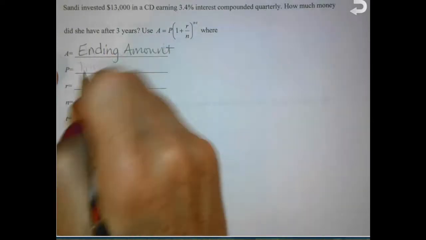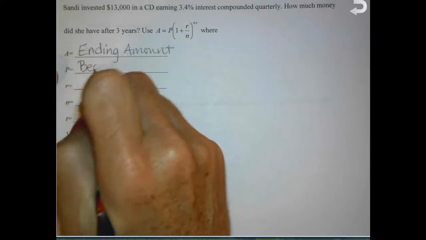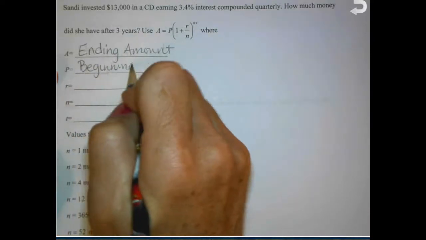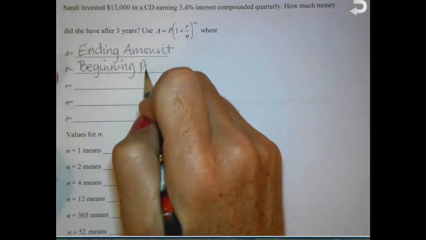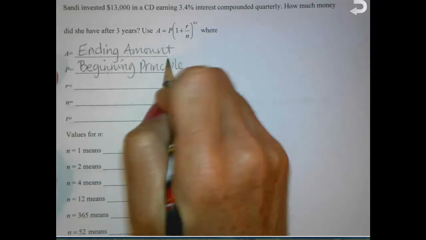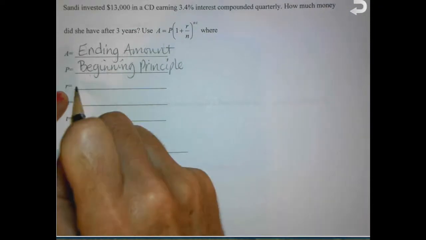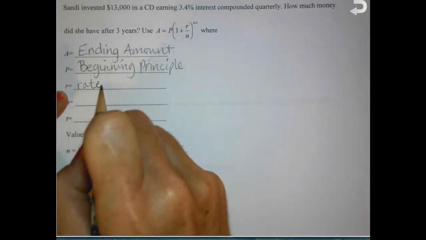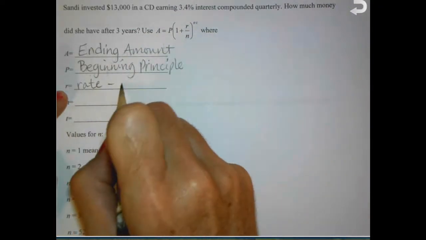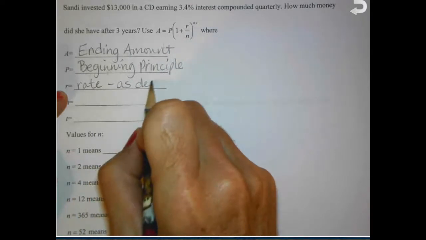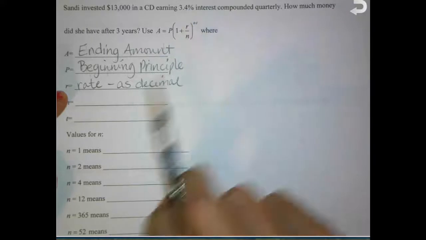The P is your beginning principal, so the amount you invest. The R, which is here, is your rate, and it's for interest, and you have to show it as a decimal. So you do have to convert from a percent into a decimal.